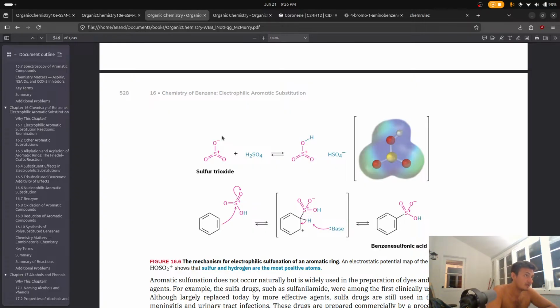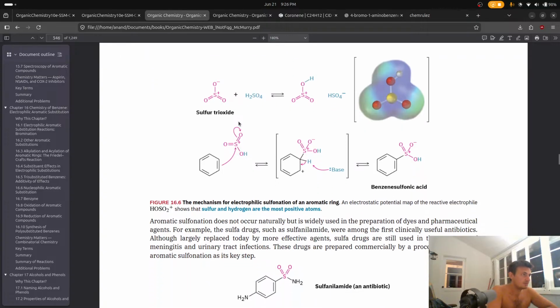So then we get S plus double bond O OH plus HSO4 minus. Now our benzene comes in, attacks the electrophilic sulfur and kicks this lone pair onto it.